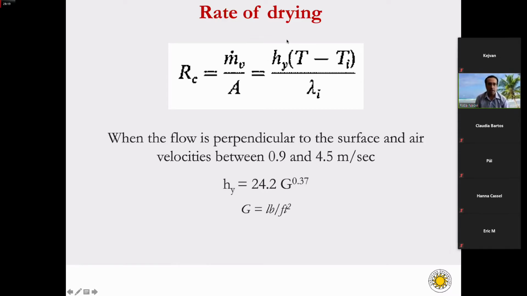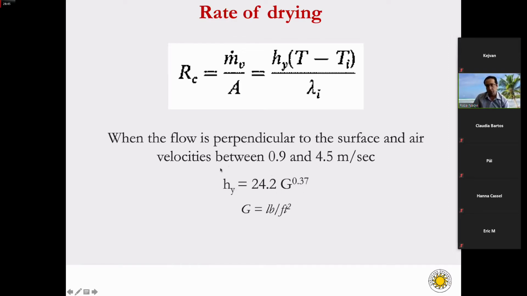Normally, a number of empirical equations are available in order to calculate the heat transfer coefficient. So let's say when the flow of gas or air is perpendicular to the surface, and the air velocity is between 0.9 and 4.5 meters per second, we can use this empirical relationship to calculate HY. G is the mass velocity.